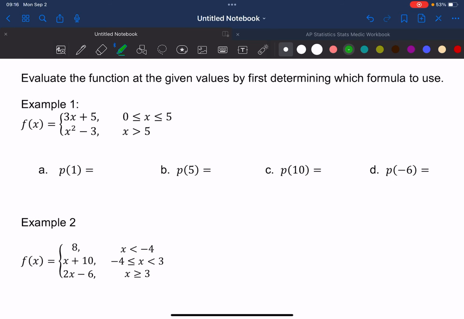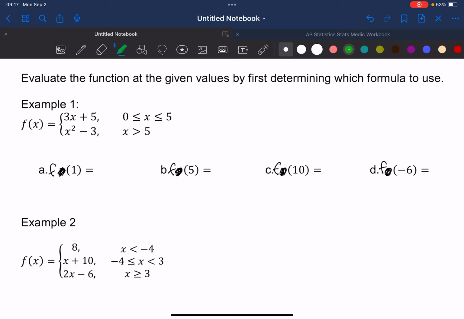Now looking at example 1, we need to break down this piecewise function so we're able to evaluate it correctly. So before I do that, I'm going to change all these P's to F's because that was a typo. And then what I'm going to do is I'm going to break down my piecewise function.